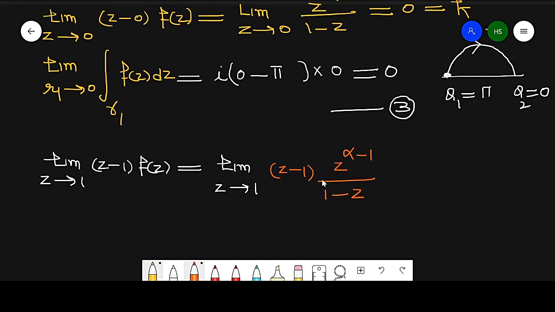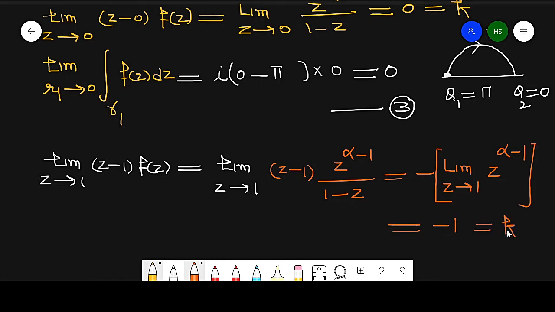This cancels with this term, so this is minus the limit as z approaches 1 of z raised to power alpha minus 1. Now this limit is equal to 1, so the total value is minus 1. So this k is equal to minus 1.